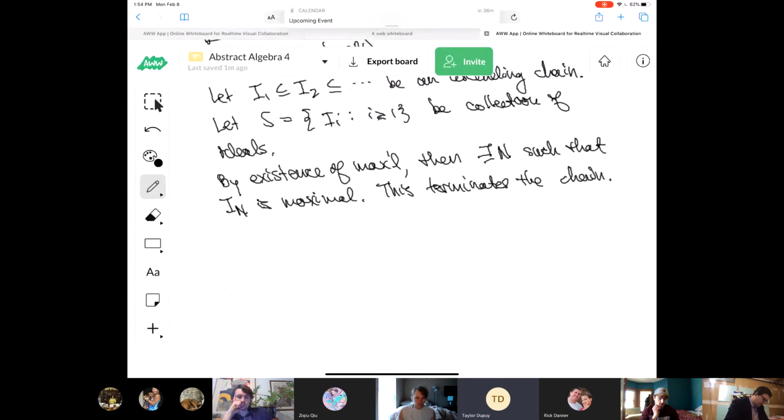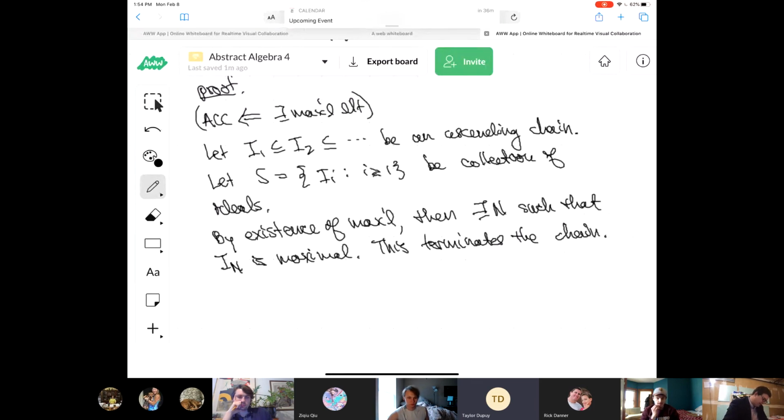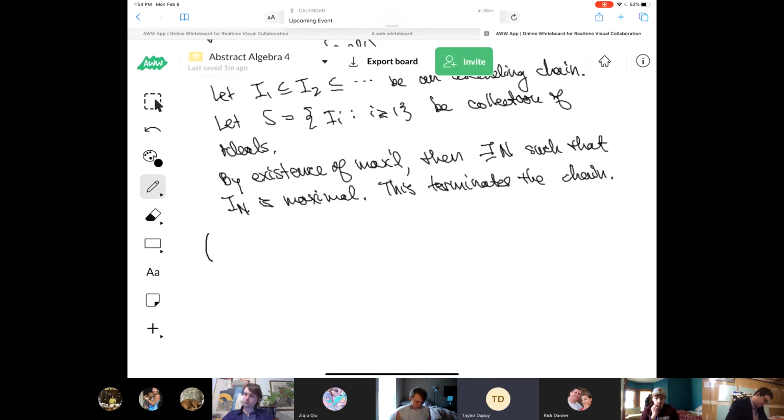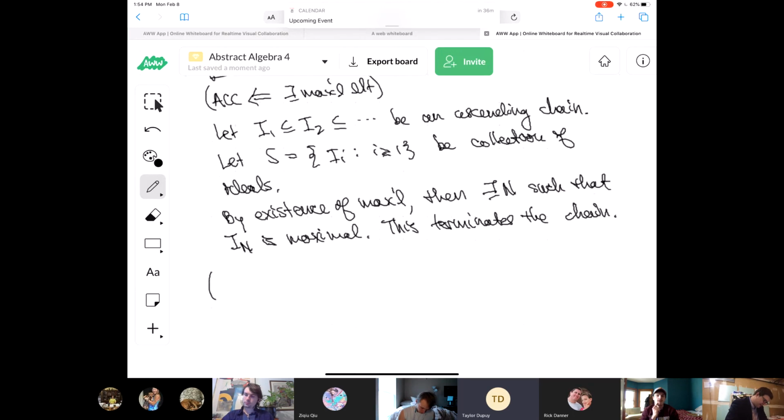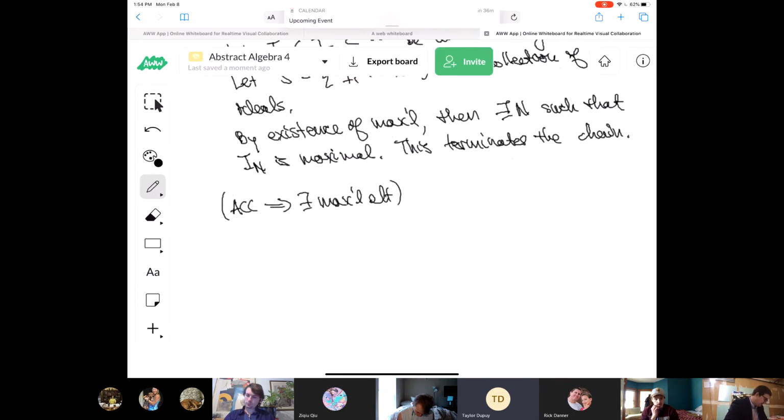All right. So let's do the other way. ACC implies there exists a maximal element. So the idea is to construct an infinite chain. Suppose not.